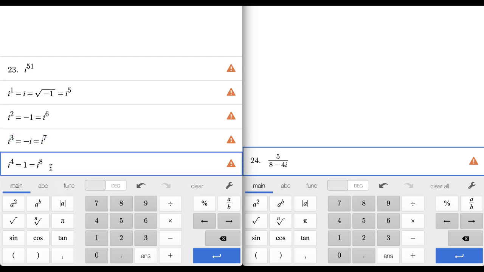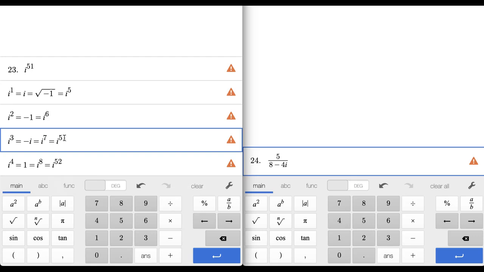So we're going to figure out where 51 lies. If you go multiples of 4, we have 4, 8, 12, 16, 20. I'm going to fast forward all the way to i to the power of 48, i to the power of 52. So i to the power of 4 should be the same thing as i to the 52, which then means i to the 7th or i to the 3rd is the same thing as i to the 51.